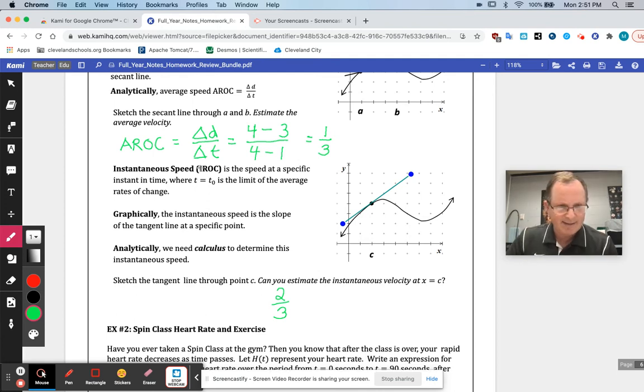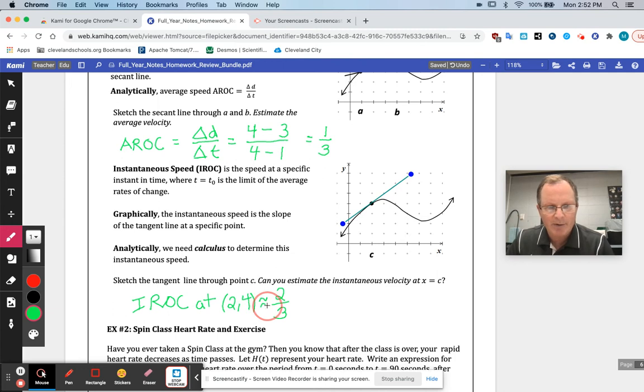So they're calling this the IROC, instantaneous rate of change. So I could say that the instantaneous rate of change at the point is about 2/3.